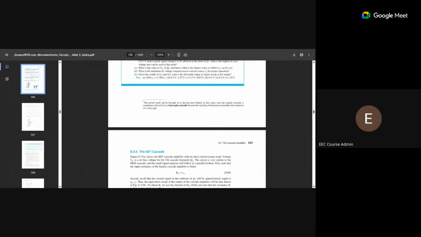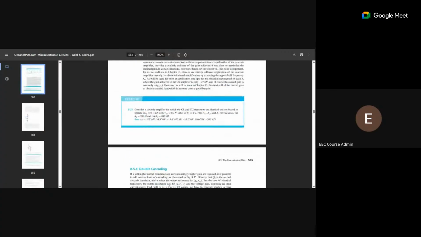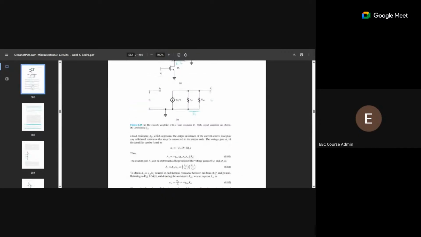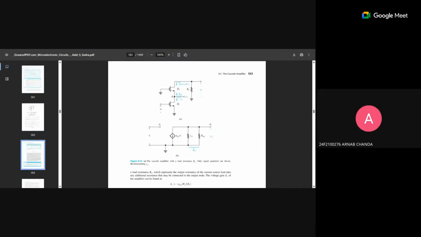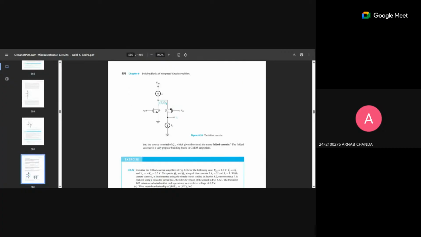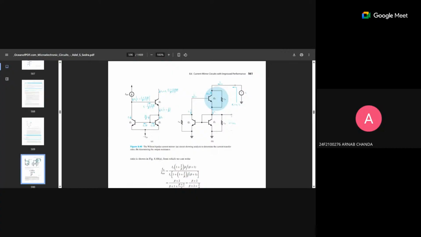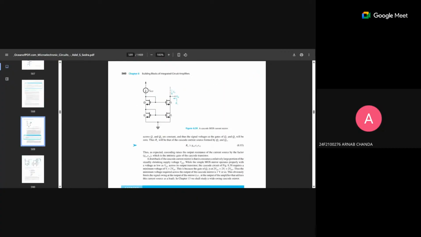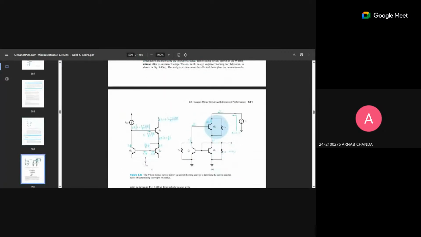This is the BJT cascode. You go to the differential amplifier. Later, maybe, Section 8. Yes, after that. The figure is there, differential amplifier just gone. Differential amplifier, if you search, maybe.